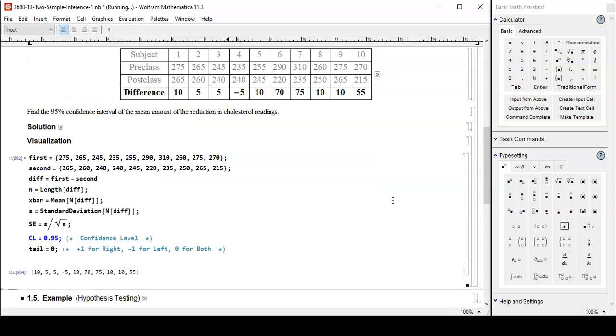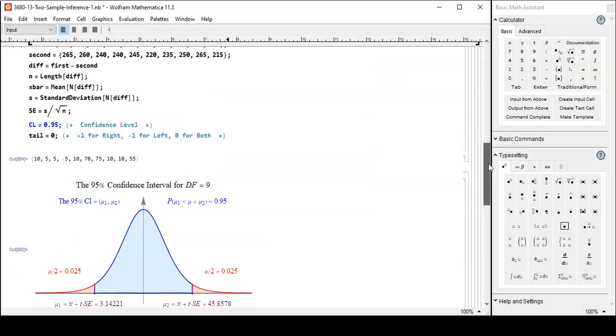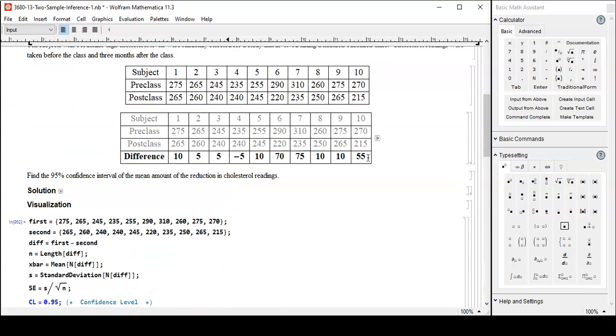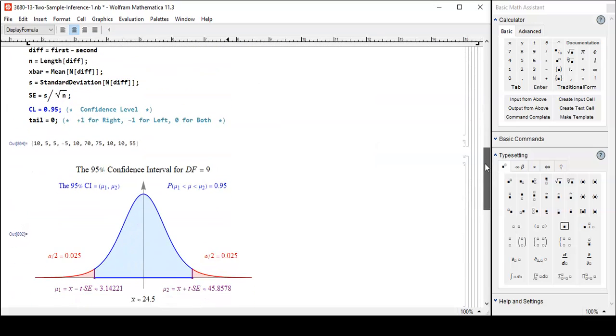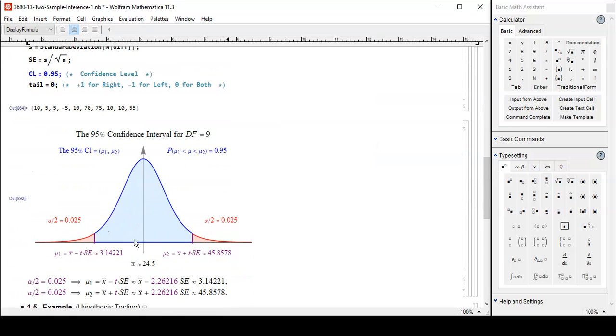You can expect a picture like this. Let's see. Take the average of all these, and it turns out 24.5, and that's the expected value that goes right in the middle. And then we have a t-curve, 95% here, 2.5% there. And how do you do this t analysis?